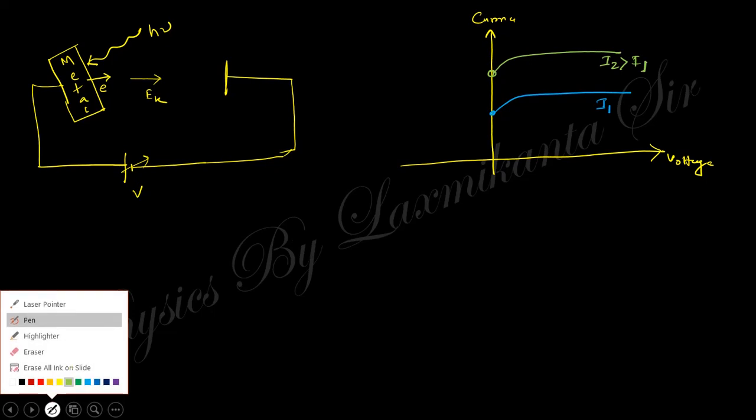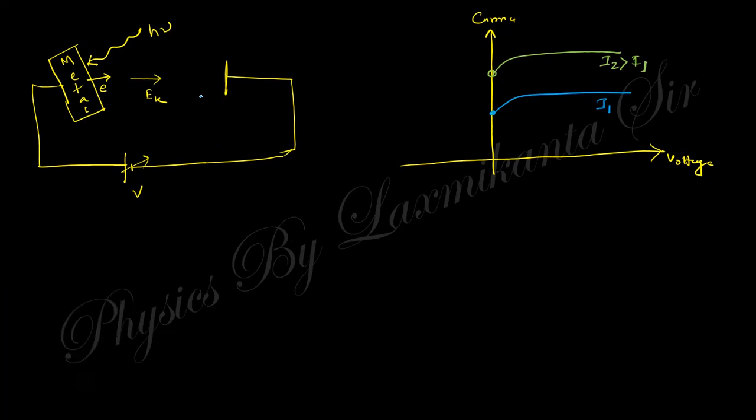Now if we increase this negative voltage, then the number of electrons which reach here will be reduced, and the reduction of electrons reduces the current. Here we measure the current, so this current will be reduced. After a certain voltage this will be zero, and this voltage is known as the stopping potential.